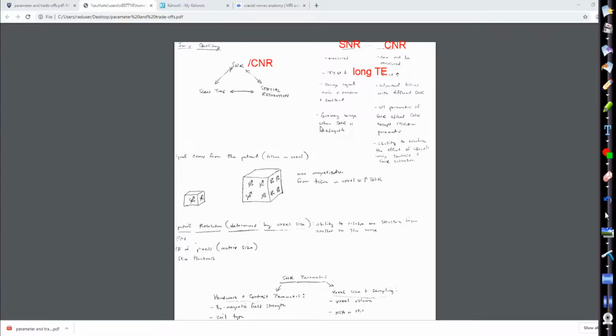And like I said, a grainy image is when SNR is inadequate. So if you have what you call like a quantum mottle image on X-ray, if you have a grainy image on MRI, you do not have enough signal coming from that patient. Whether your coil is not turned on, whether your patient's too far away from that coil, whether you have slices that are too thin, our resolution's too high, so we're not getting enough signal from that patient.